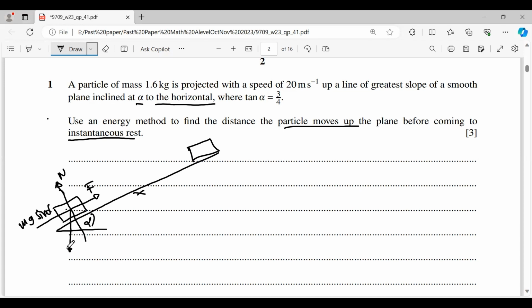This is mg, m times g, and this right line is mg cosine alpha. So this side is mg cosine alpha and this side is mg sine alpha. Again, this particle will move as long as x, and we are going to find the distance x.